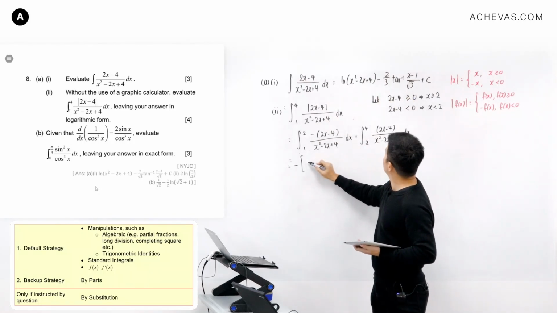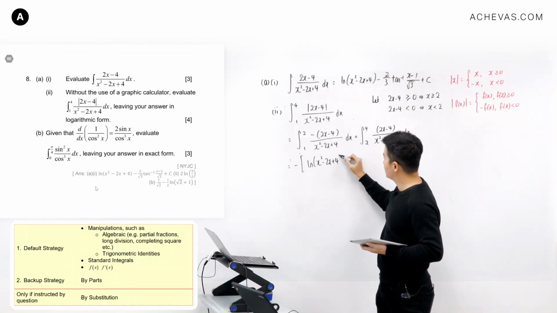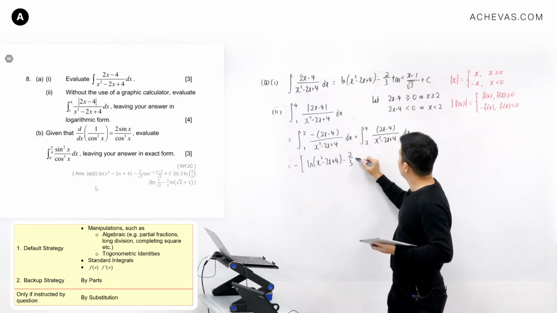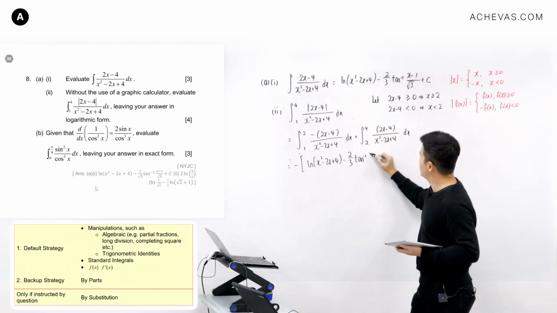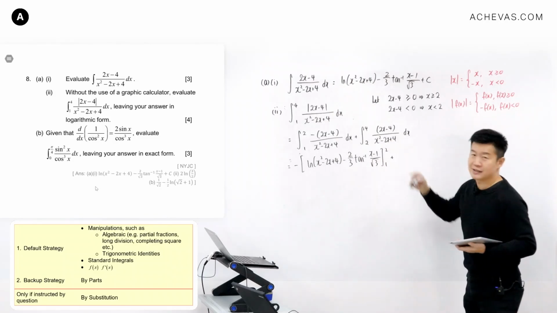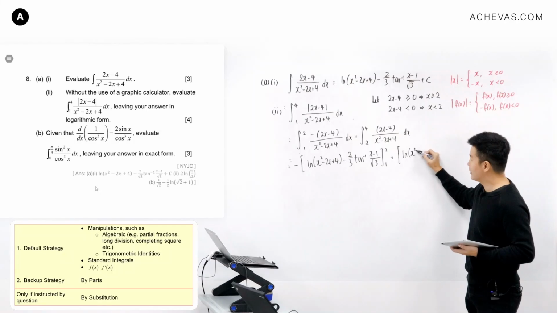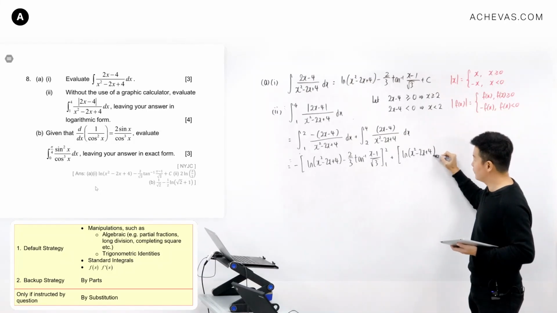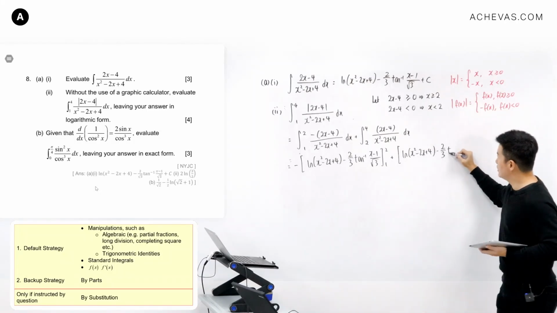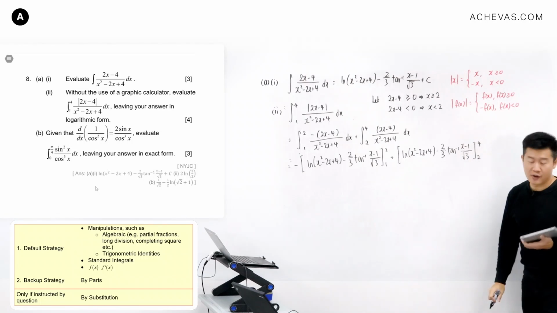It is going to be equal to ln of x squared minus 2x plus 4, minus 2 over 3 tangent inverse of (x minus 1) over square root of 3, from 1 to 2, plus the same, ln of x squared minus 2x plus 4 minus 2 over 3 tangent inverse of (x minus 1) over square root of 3, from 2 to 4.